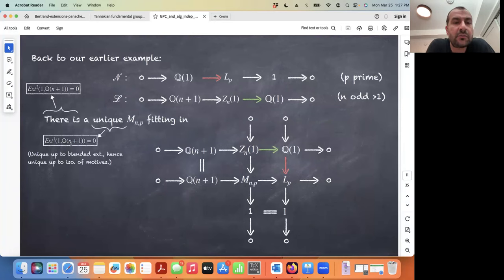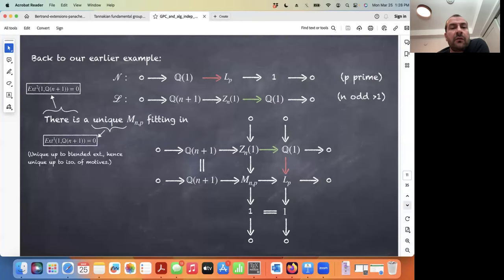We know that that's 0, mixed Tate motives over Q. And so what you will have is actually stronger than just unique up to isomorphism of motives, but rather, the picture will be unique up to an isomorphism of blended extensions. So in particular, you get a unique motive up to isomorphism that fits into such a diagram.